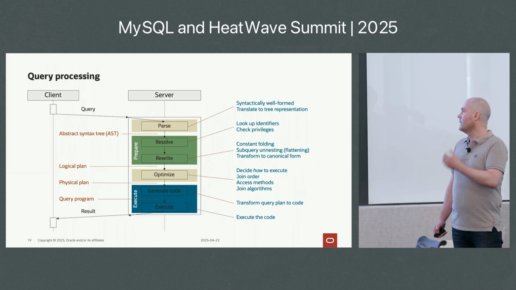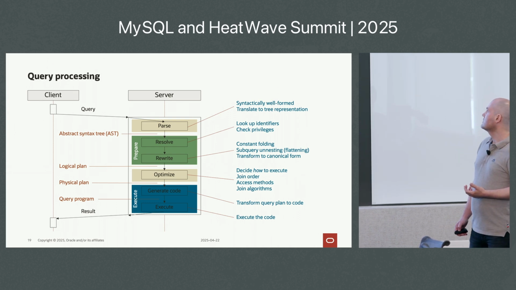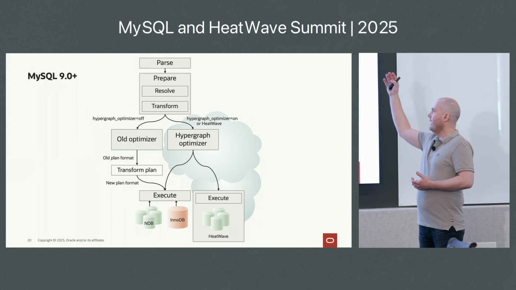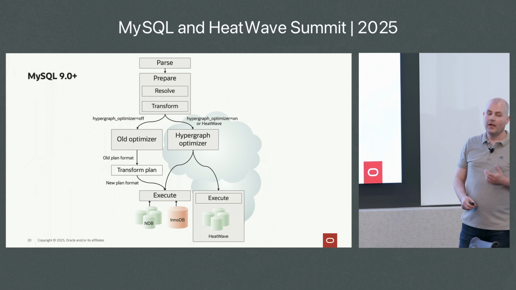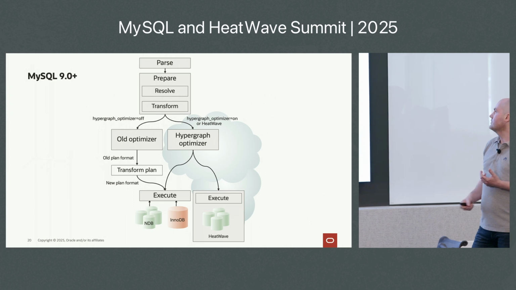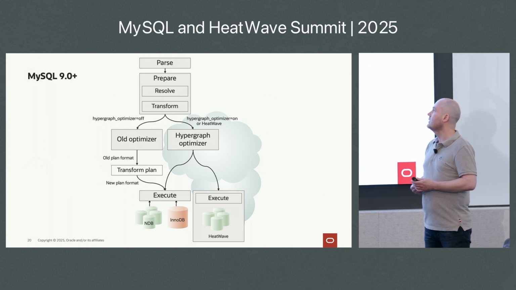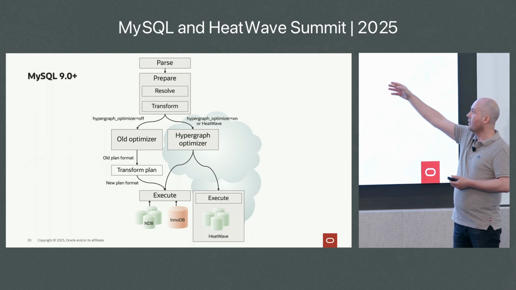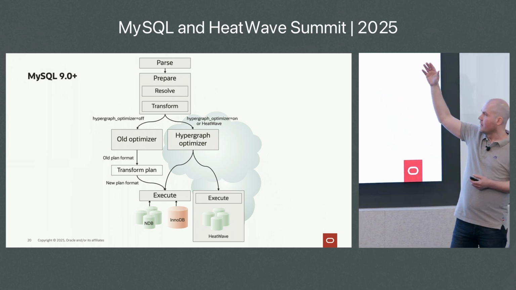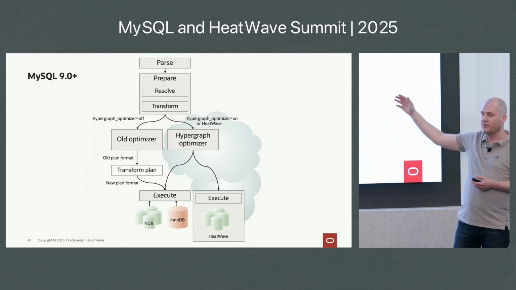And if we clean this up and draw it in a way we typically do in MySQL, it looks something like this. Parse, prepare, and then since 9.0, a choice between two optimizers. And then execute. So if you're running with a normal MySQL, even before 9.0, when passing through the old optimizer, you will transform the plan from an old plan format to a new plan format before it's executed.